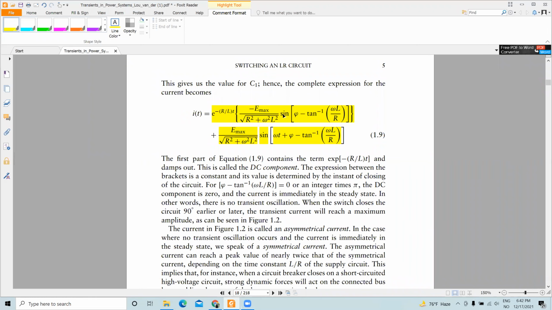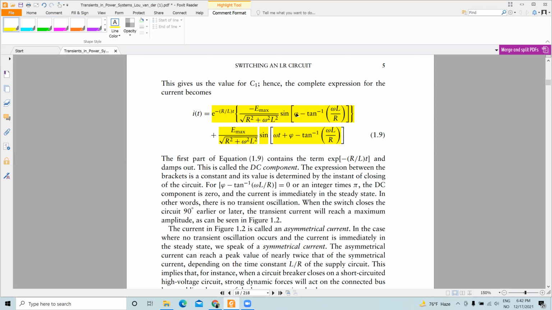So if this sine part becomes 1, in the beginning this t is 0, so this part is 1. So if the sine part is also 1, if phi minus tan inverse omega L divided by R, this part becomes 90 degrees, then sine of 90 will become 1.